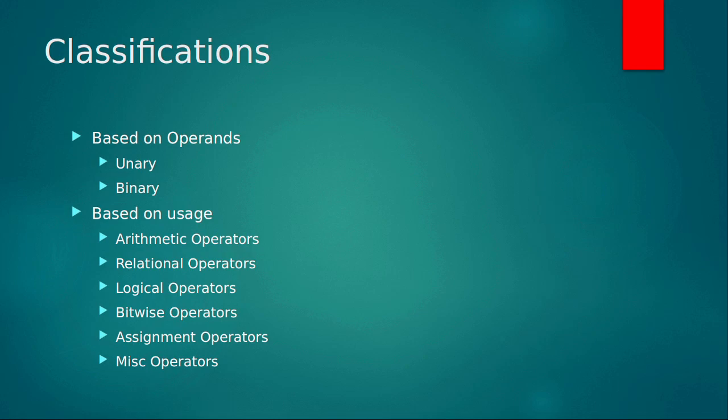You could also classify them further based on their usage: arithmetic operators, relational operators, logical operators, bitwise operators, assignment operators, and miscellaneous operators. I got this classification from Tutorials Point, which is one of the resources I used to learn and understand the C language.